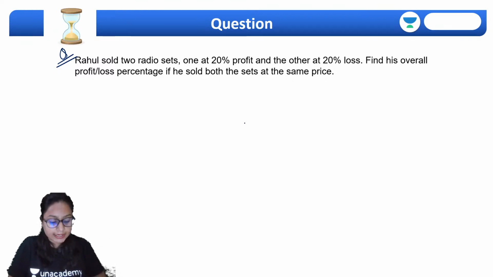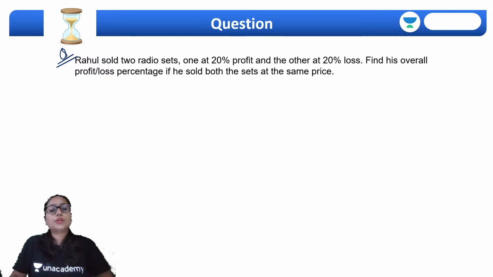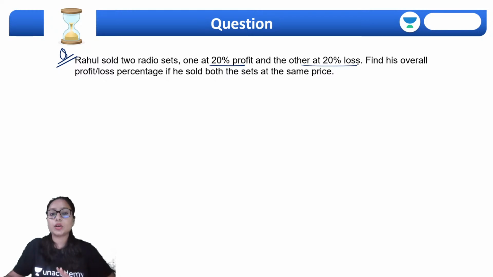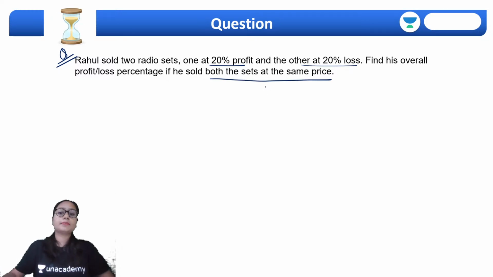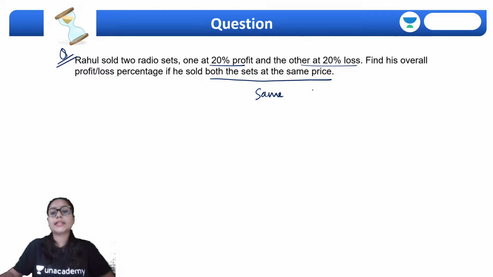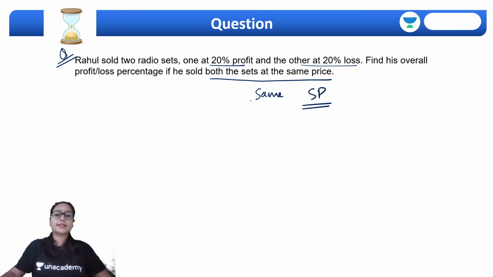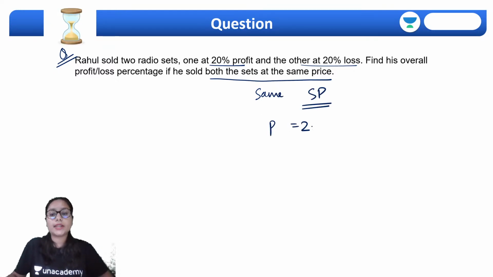Yes, correct. So Rahul sold two radio sets, one at 20% profit, the other at 20% loss. It is given that both the sets were sold at the same price. Therefore, we have the same SP for both the sets. The value of P here is 20.